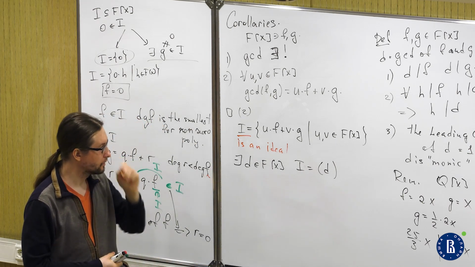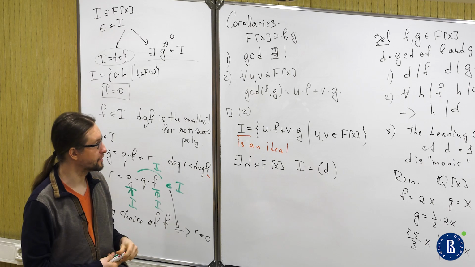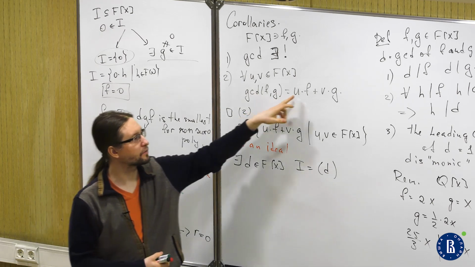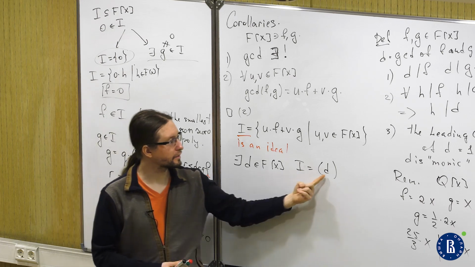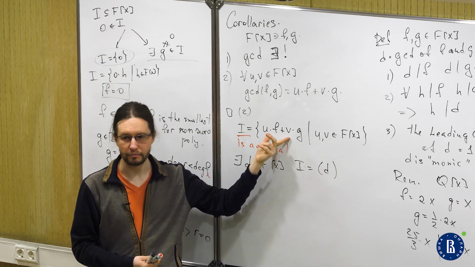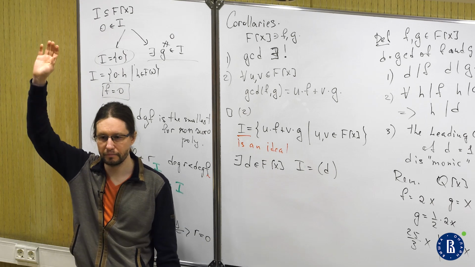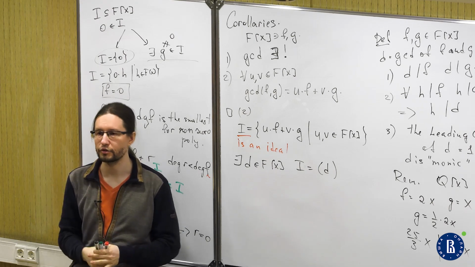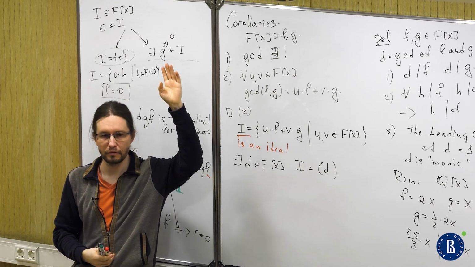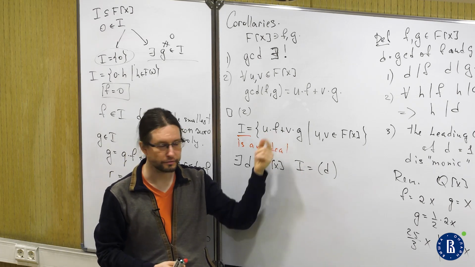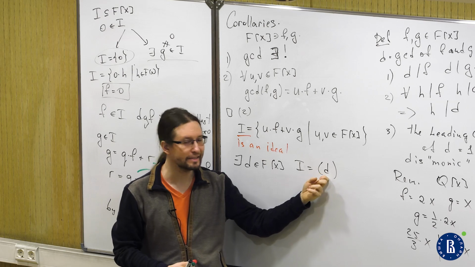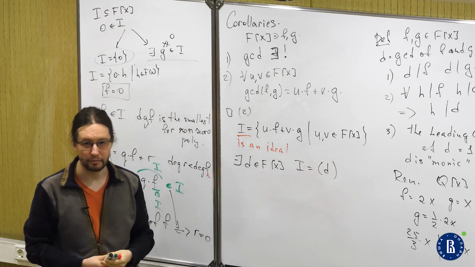Now, let's check that d is a GCD and it's represented in this form. First of all, it's clear that d is represented in this form. Who agrees with me? Who thinks that I should clarify this part? Okay, d is just an element of I, so it's represented in this form. So we just need to show that d is actually a greatest common divisor.